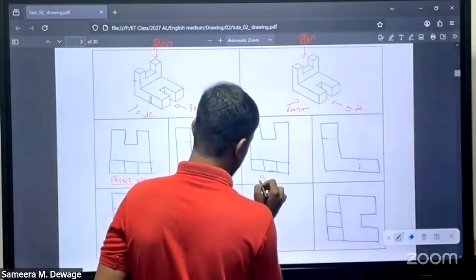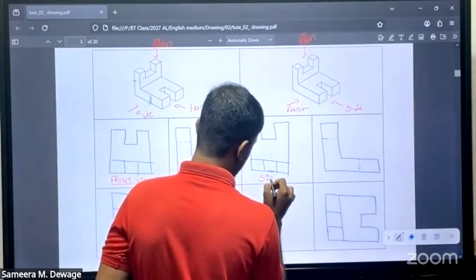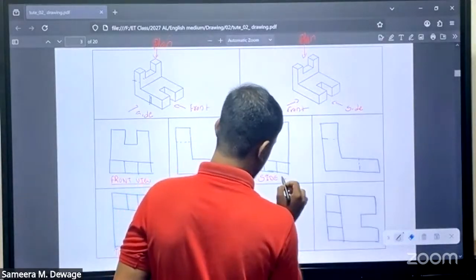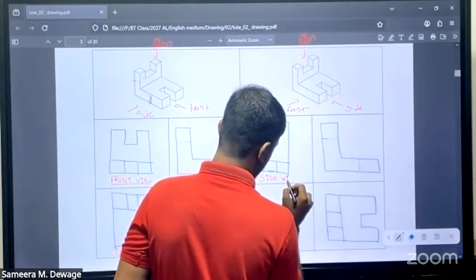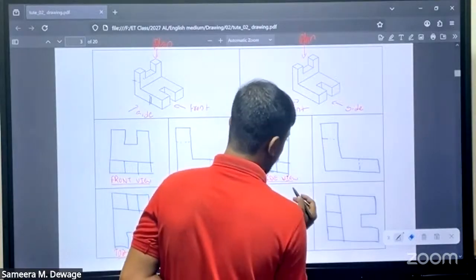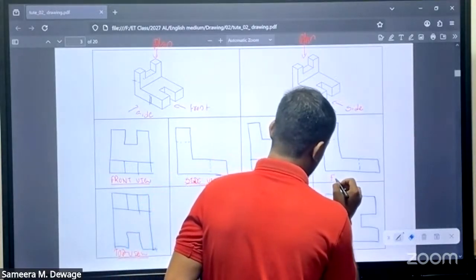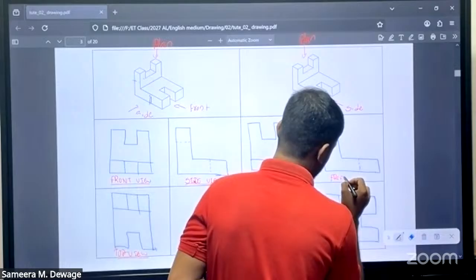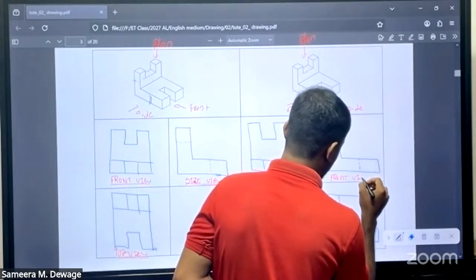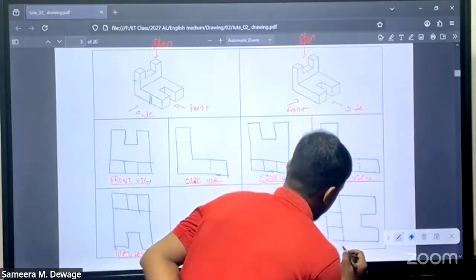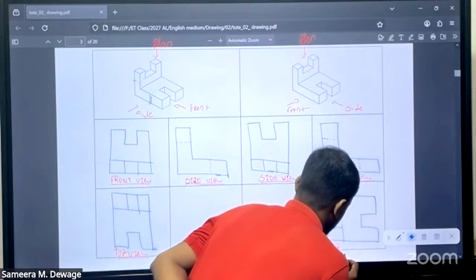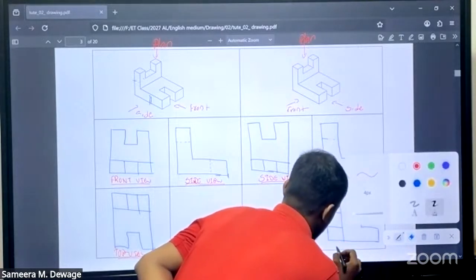Here, side view and front view, and here the plan view or top view.